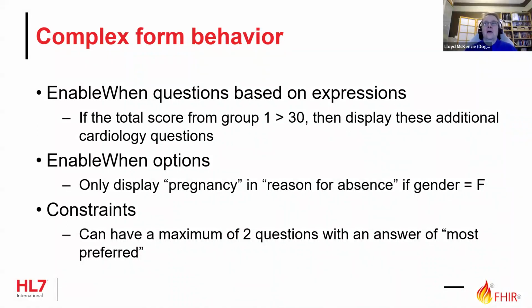Or maybe we're only going to prompt you with certain possible answers based on the gender that you've filled in. That's also fraught, because gender isn't necessarily as clear unless you're really careful about how you ask for the data, and you trust people to give you an answer that will properly inform the answers that you're turning on or off. Sometimes you just want to have rules like you have to answer at least 2 of these.